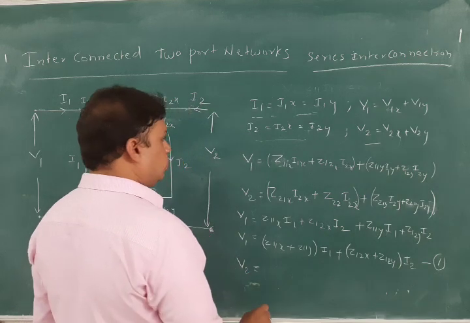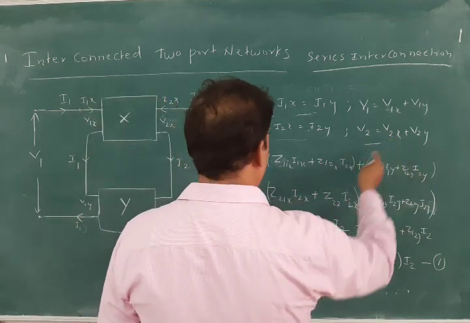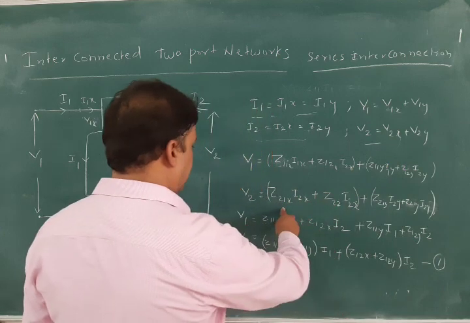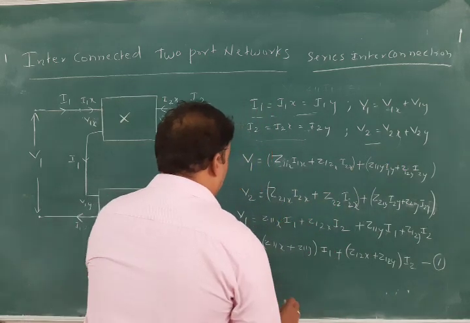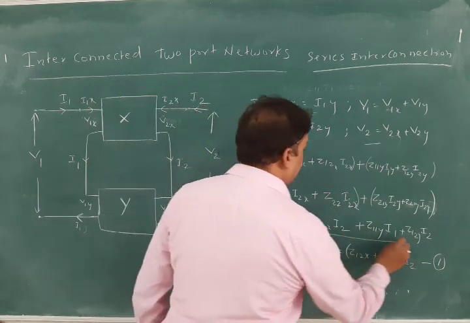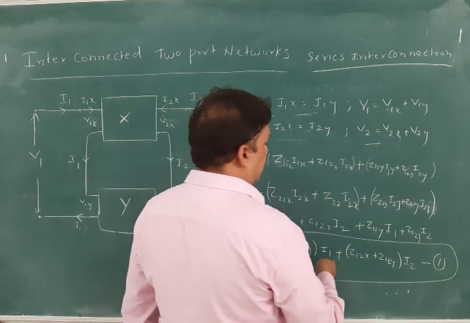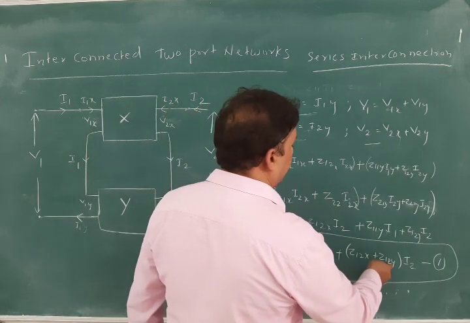What is V2x here? V2x plus V2y. So we will write this formula. This is the main equation you got, V1 is equal to Z11 x plus Z11 y into I1 plus Z12 x plus Z12 y into I2.